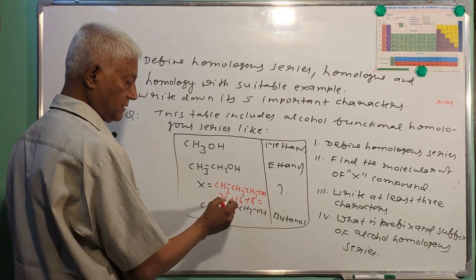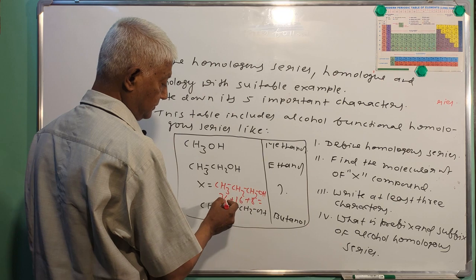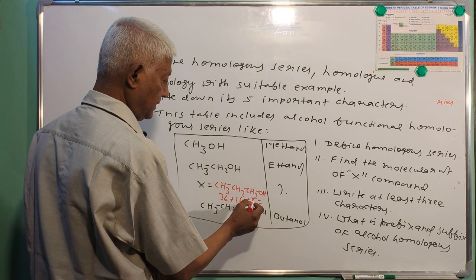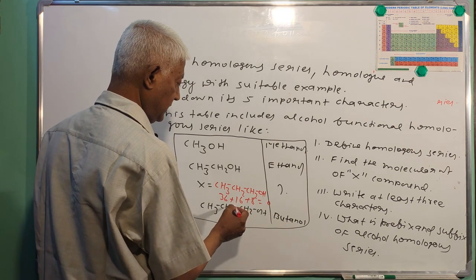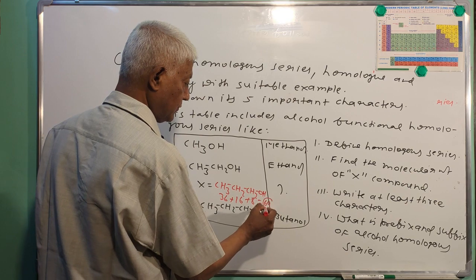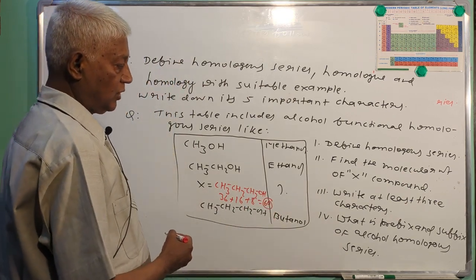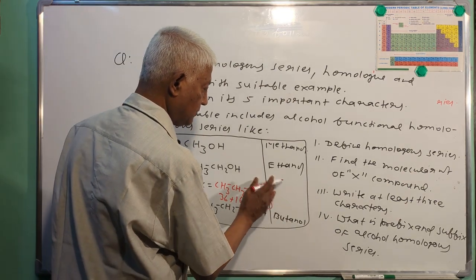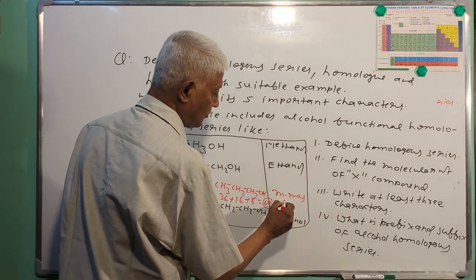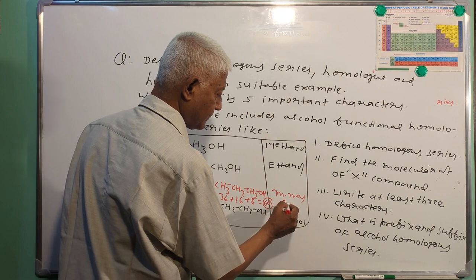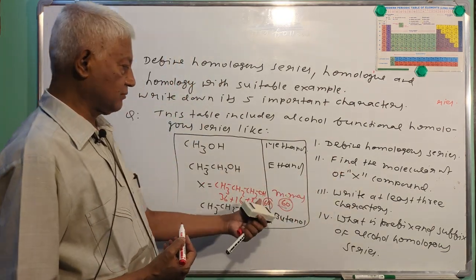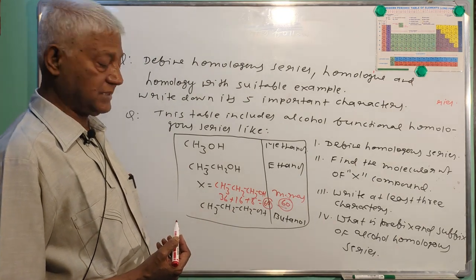When you add, 36 plus 16 is 52, plus 8 is 60. Its molecular mass is 60. So you can find the molecular weight of these compounds. How much you get? 60.